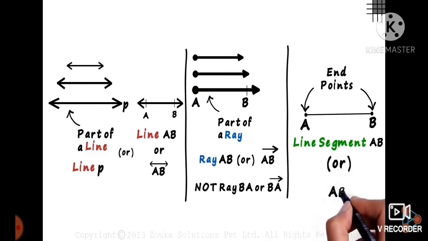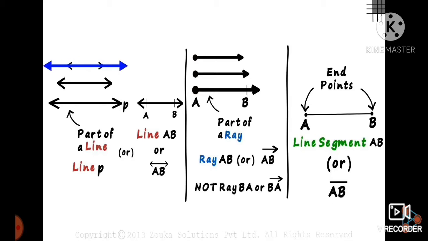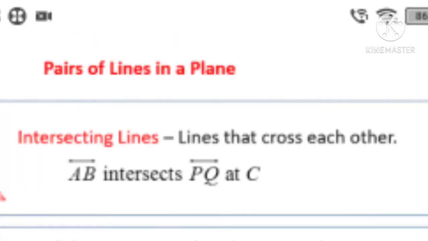Here the line segment is represented with a bar above AB. If there is a line segment symbol, that is called a line segment. Segment AB is also correct, and BA is also correct. So this is a ray and this is a line segment. It is all about some basic concepts.